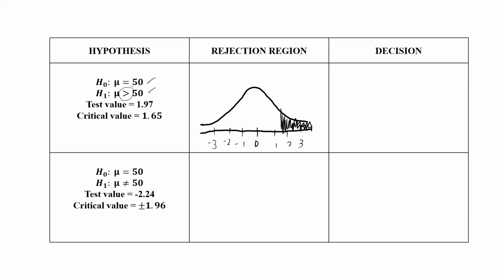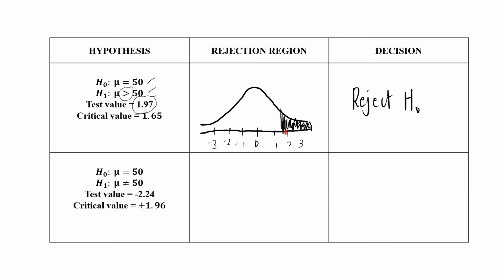Okay. Then the test value which is positive 1.97. So 1.97 naglalay siya dito malapit kay 2. So yan. So ibig sabihin tumama siya or naglay siya doon sa ating shaded part or shaded region. Okay, meaning we need to reject the null hypothesis. So reject the null hypothesis.